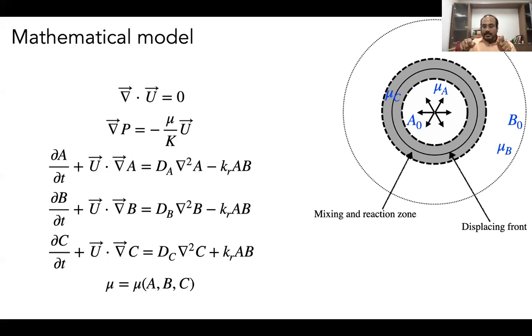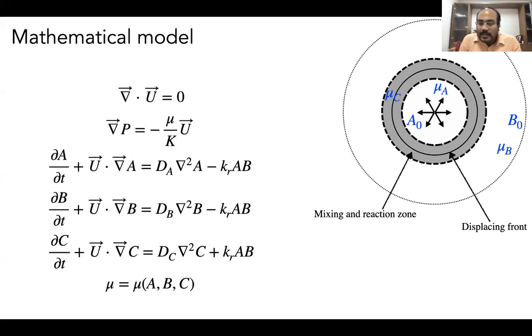The bold dashed lines show the interface between A and C and between B and C. The continuous dark line shows the middle point of this product region. And the dotted circle is just a visualization of the domain where we are doing this analysis.